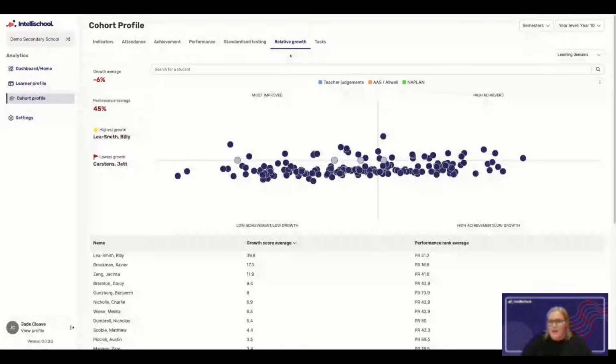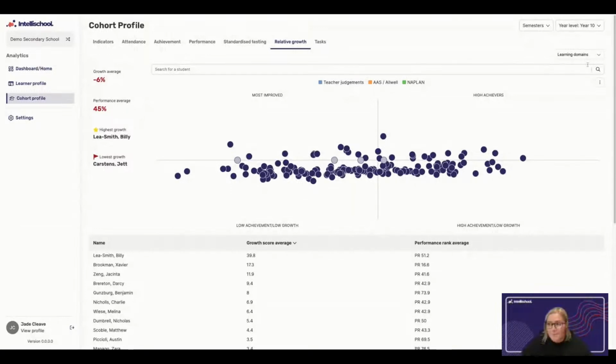Along the top, I can see the different testing sources I have available to me in this dummy environment. Those of you who are watching today who are already subscribers, you might think that looks familiar, or perhaps you might be seeing some slightly different testing sources, and that's okay. There is obviously flexibility there in terms of what can be visualized in this tab.